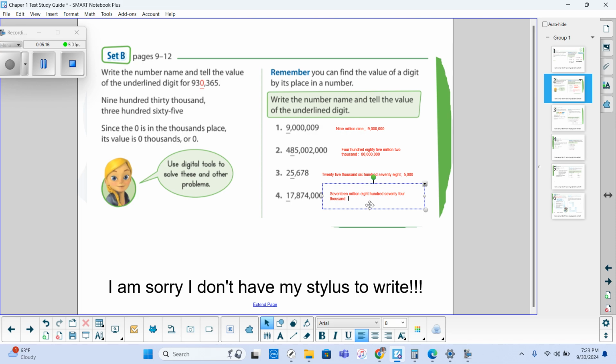And the number 1 that's underlined is in the 10 millions place, so it would be 10 million. That would be the place value of that number. So once again, I apologize, I don't have the stylus.